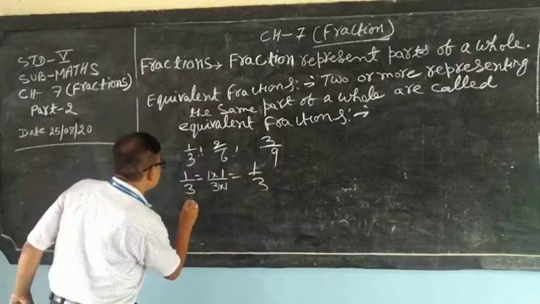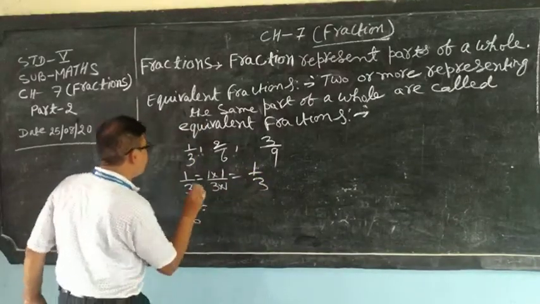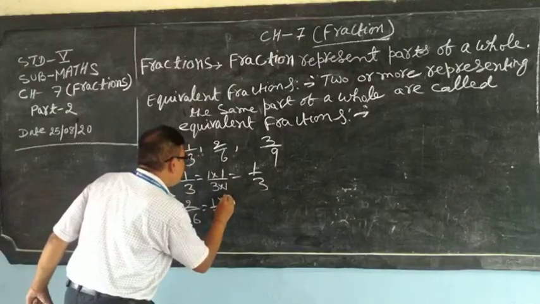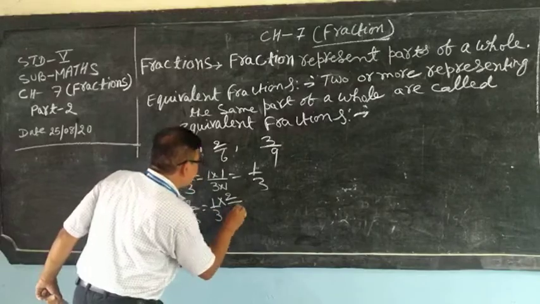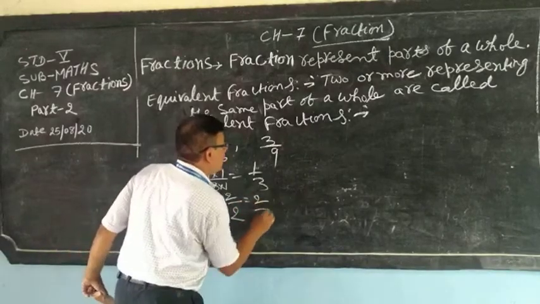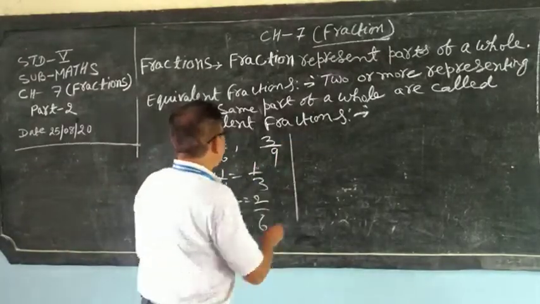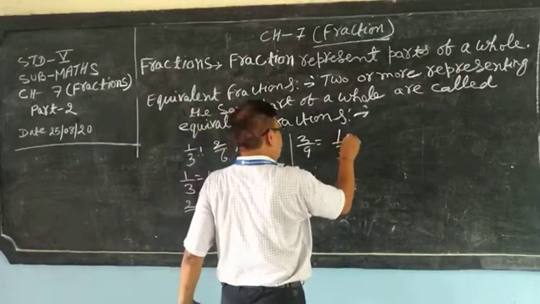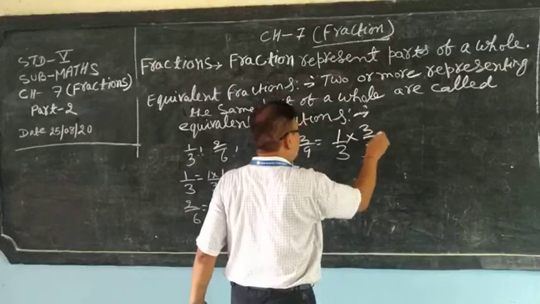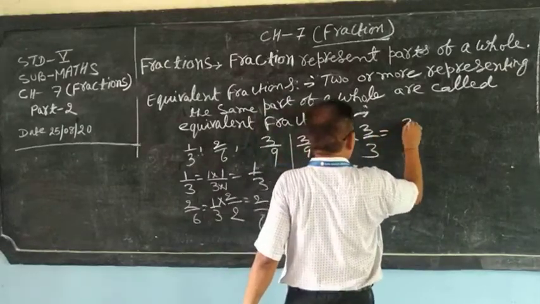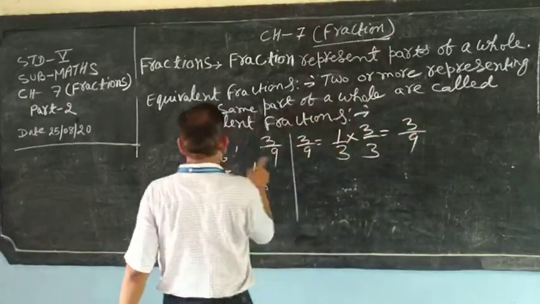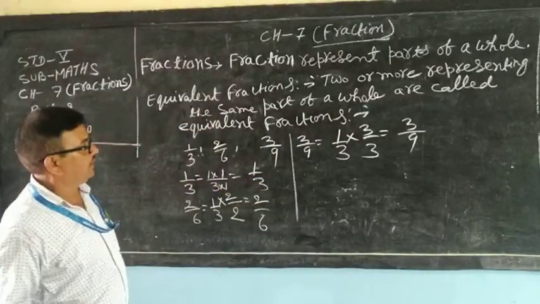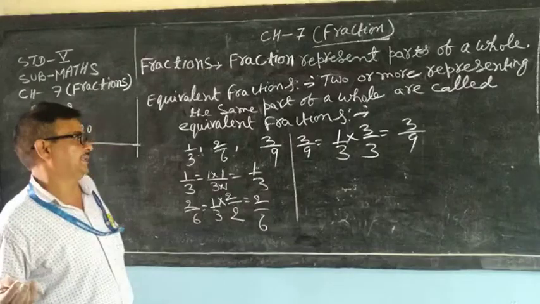Now 2 by 6: 1 by 3, you multiply the numerator and denominator by 2, it is 2 by 6. Now 3 by 9: 1 by 3, you multiply by 3. What is it called? 3 by 9. These all are examples of equivalent fractions.